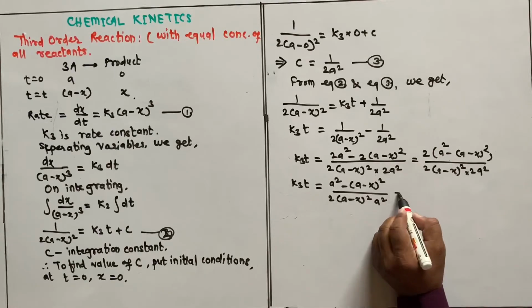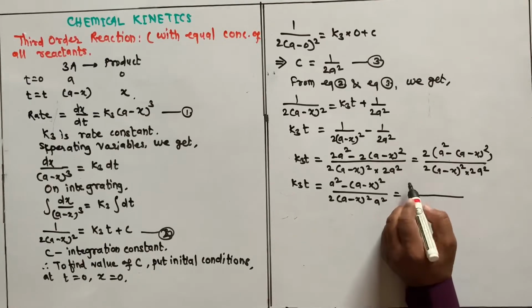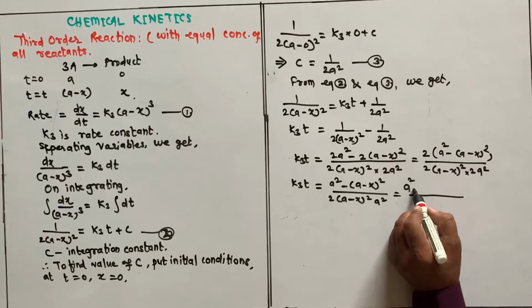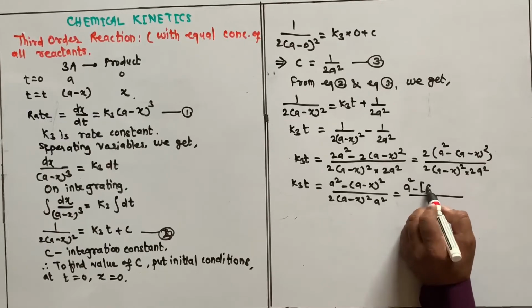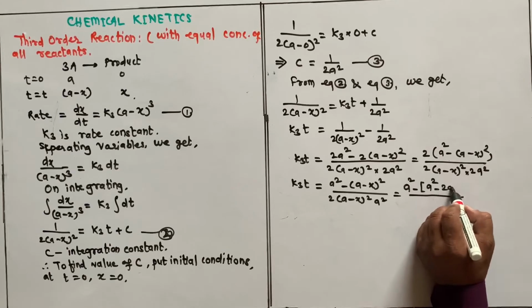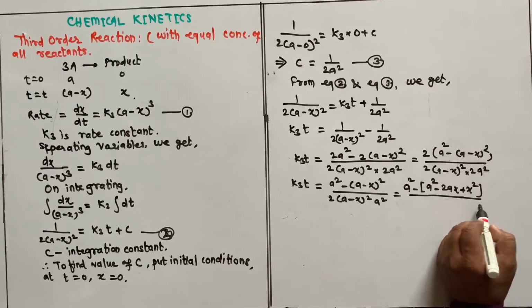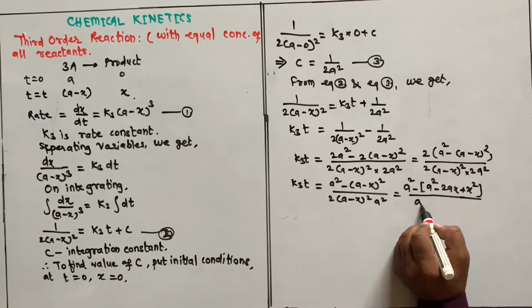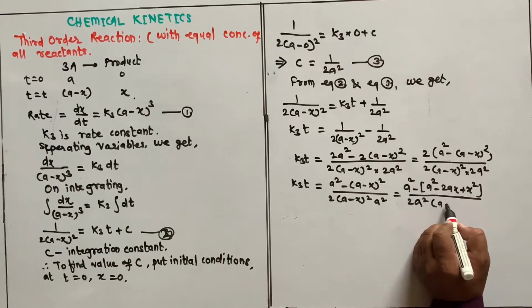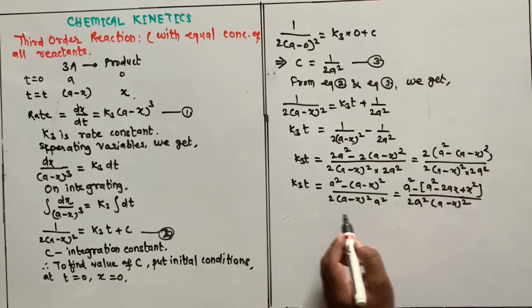Then expand this bracket: it will be a square minus in bracket a square minus 2ax plus x square divided by 2a square into (a minus x) square.